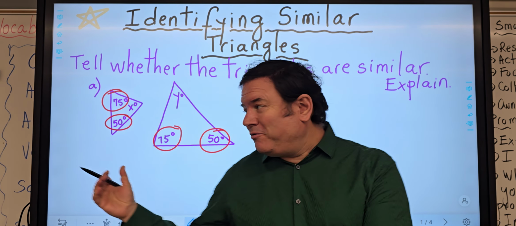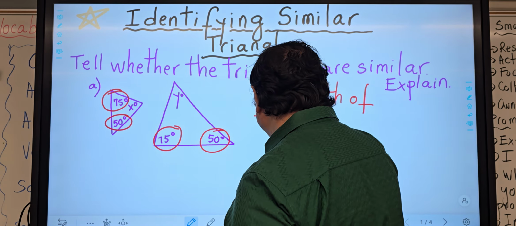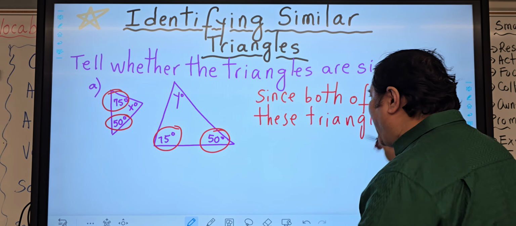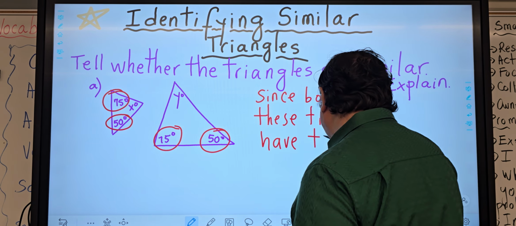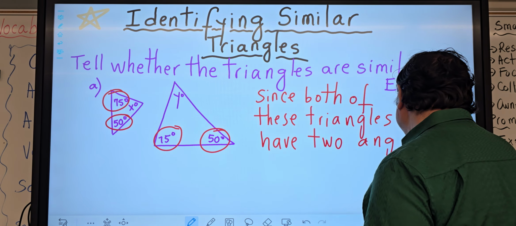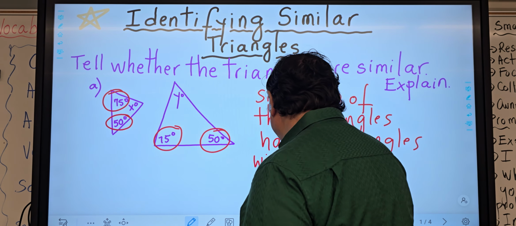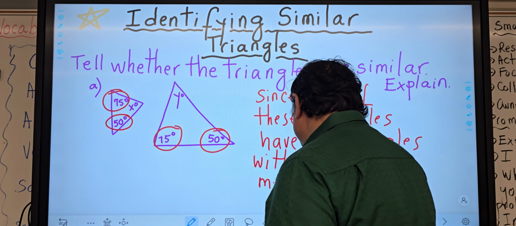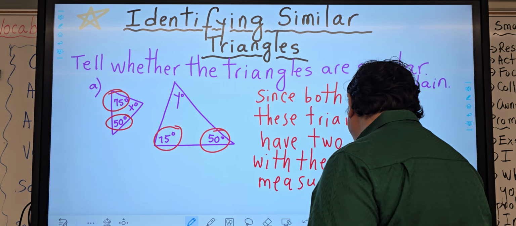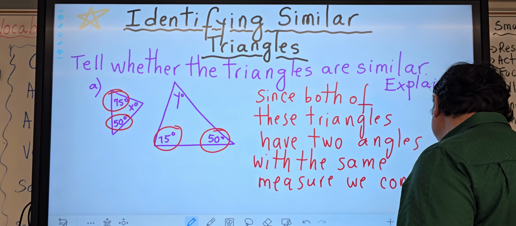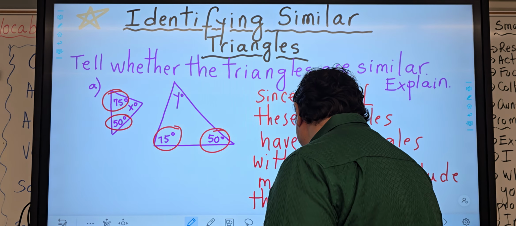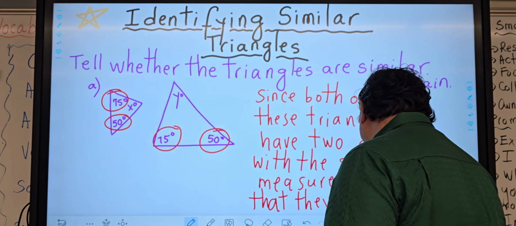So since both of these triangles have two angles with the same measure, we conclude that both of these triangles are similar.